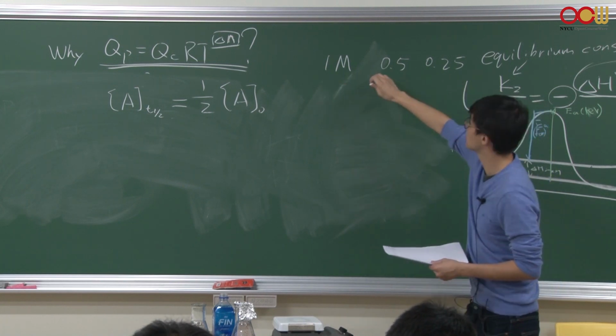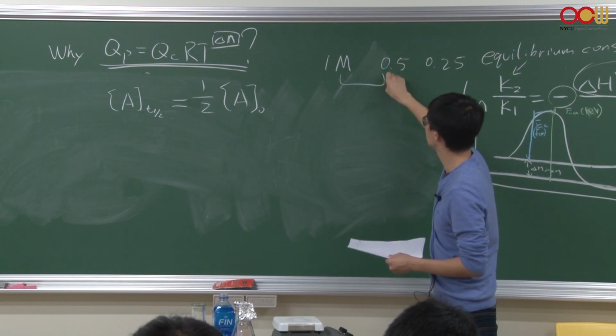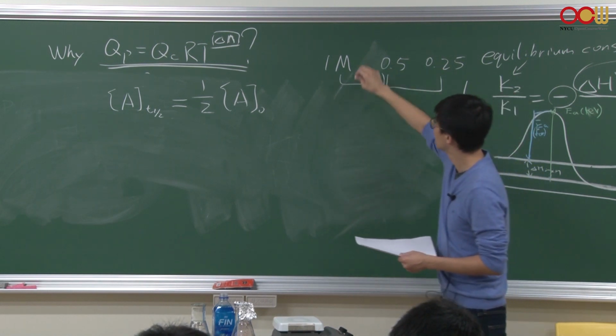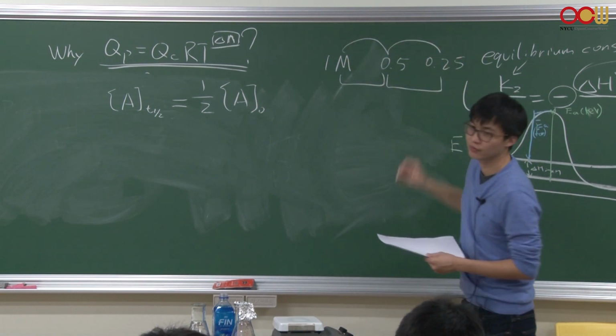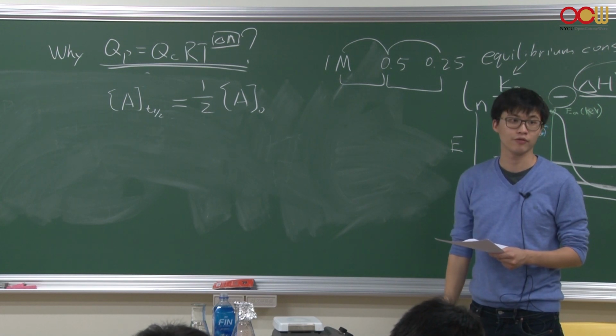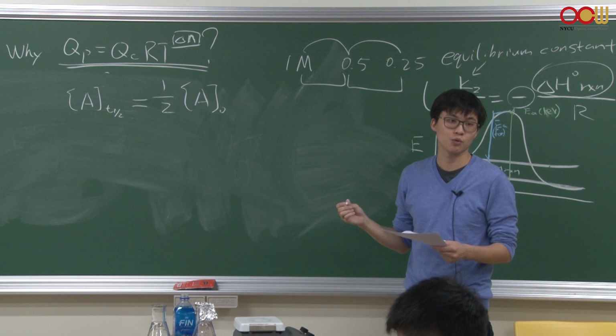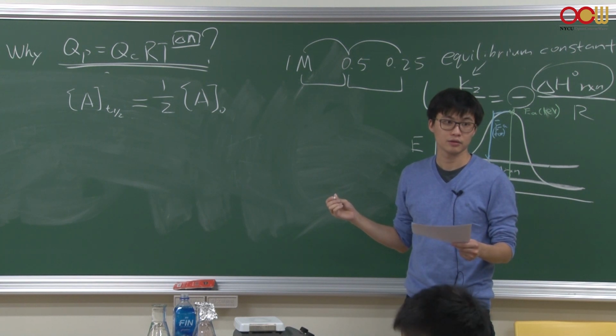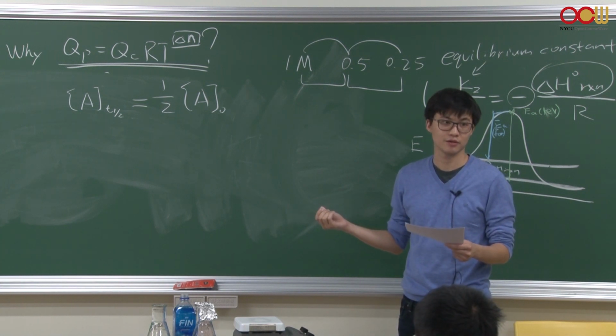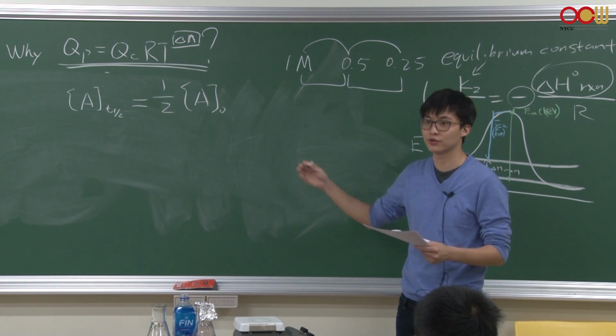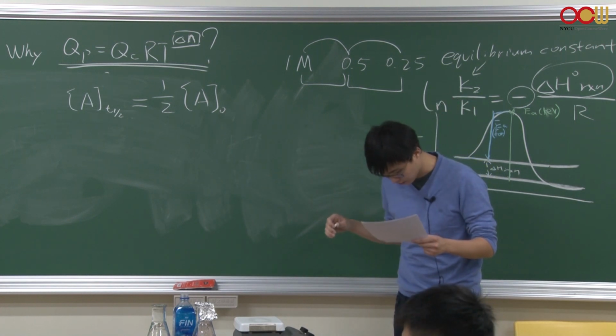This amount of time is constant, this amount of time is constant. This is 2 half-lives to get to a quarter of the starting concentration. And maybe you will see 1/8, then 1/16. But there's no point in doing it multiple times.